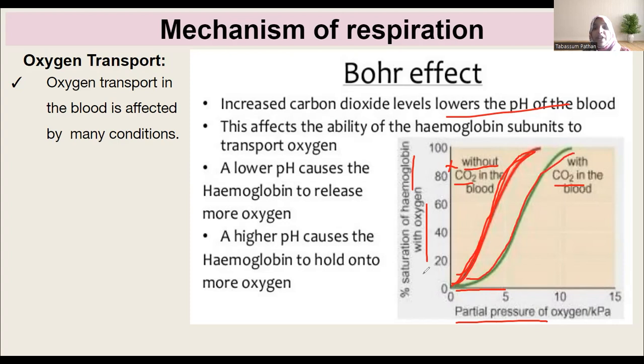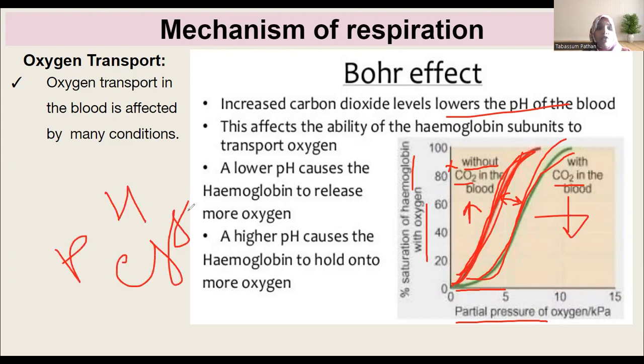So you can see there is a significant difference in the saturation of oxygen in the hemoglobin without carbon dioxide in the blood and with carbon dioxide in the blood. This means your pH is high, or your pH is low. This is also known as the pH effect, or the Bohr effect.